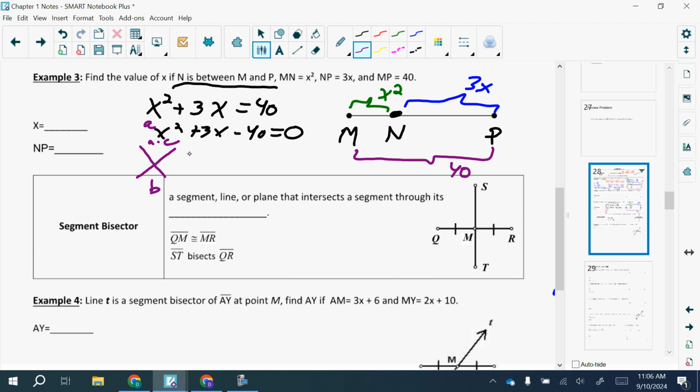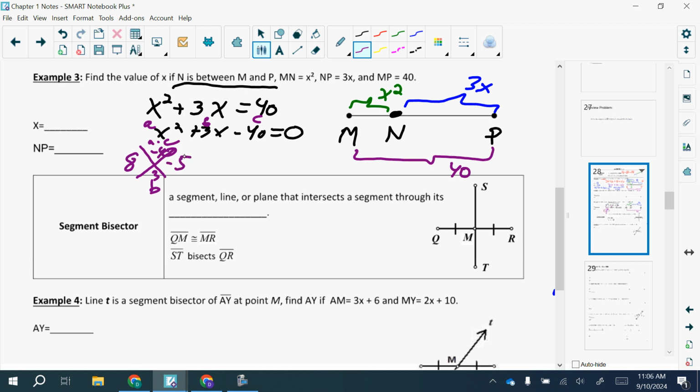So a is here, which in this case is just 1, b, and c. So negative 40 times 1 is just negative 40. And then our middle coefficient is 3. So now we're going to look for two numbers that multiply to be negative 40, but add to be 3. So in this case, that's going to be 8 and negative 5.